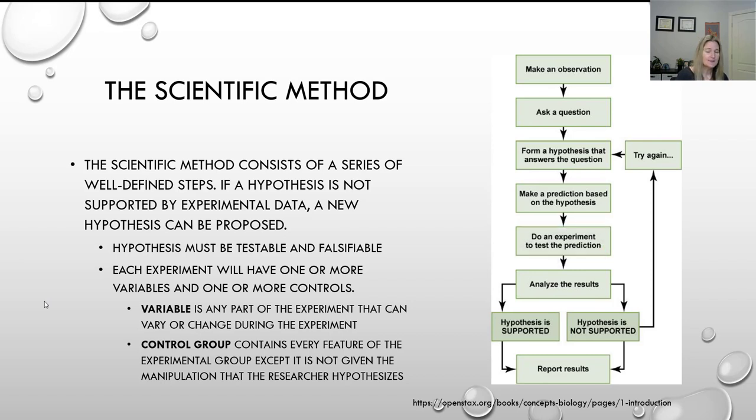When we design an experiment, a lot of times we want to make sure that, like in a controlled experiment, we're limiting the number of variables that will change. A variable is any part of the experiment that can vary or change, so we try to minimize the variation as much as possible.